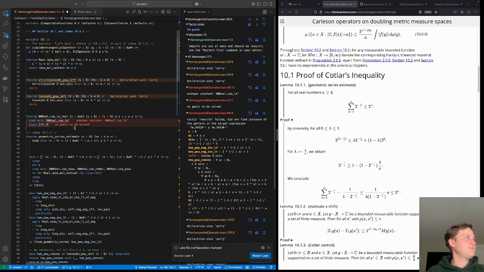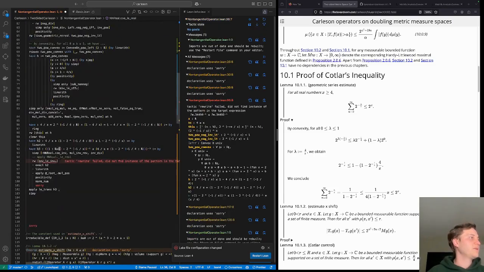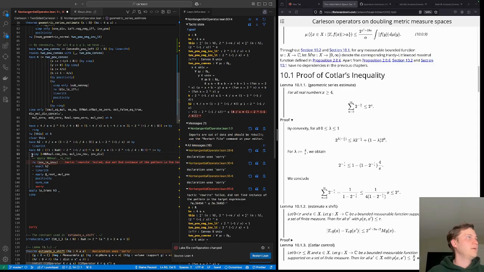Sorry, which way am I trying to go again? I want to show that it's equivalent at, no, this is actually, sorry, itself. We have two different underlying types. This is right. The problem is that one of these things is fundamentally a real number, and one of them is fundamentally a non-negative real number.